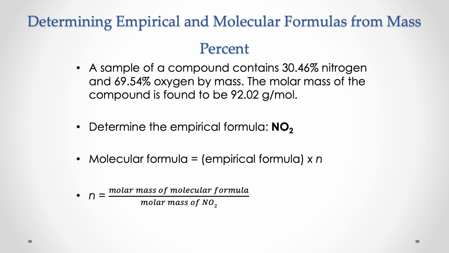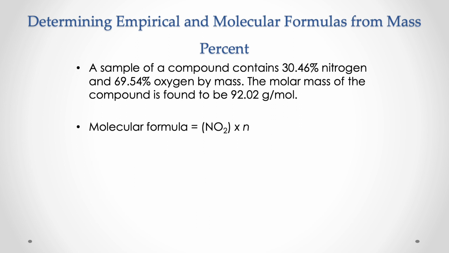Going back to our problem, we have determined the empirical formula. Now, let's determine the molecular formula. We need to multiply the empirical formula by some multiple n. n equals the molecular formula molar mass divided by the empirical formula molar mass.